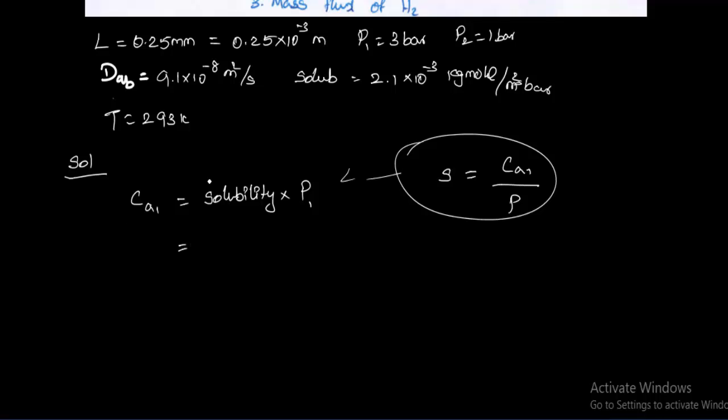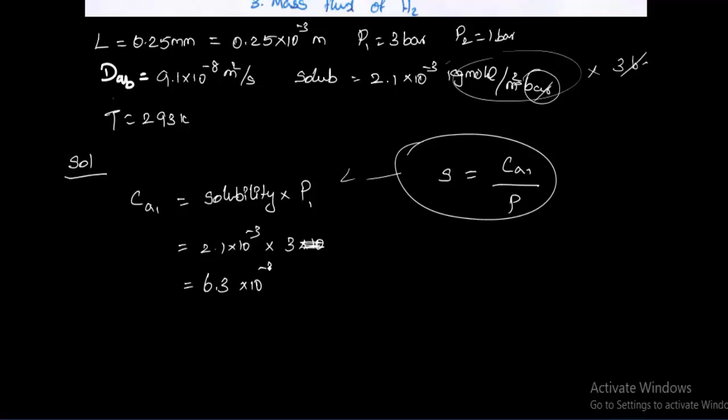So in the problem, solubility is 2.1 into 10 to the power minus 3, into pressure is 3. Here it is given in bar, so I have to substitute here also in bar itself, so that this bar and bar get cancelled, right? So that is why I am substituting in bar itself. So this value is 6.3 into 10 to the power minus 3.